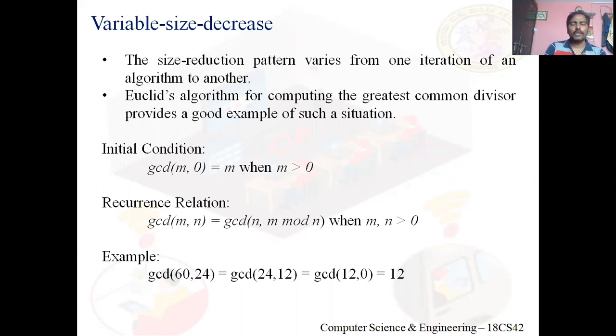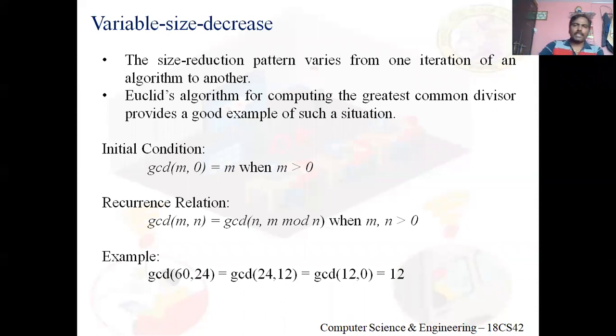In the next stage, to compute a power n minus 2, I'll compute a power n minus 3 and multiply a. Means in each stage, the size, that is n, was getting reduced by 1. So that is decrease by constant. Got it?